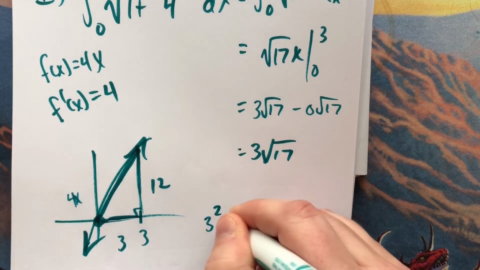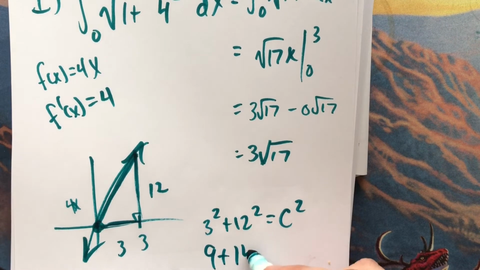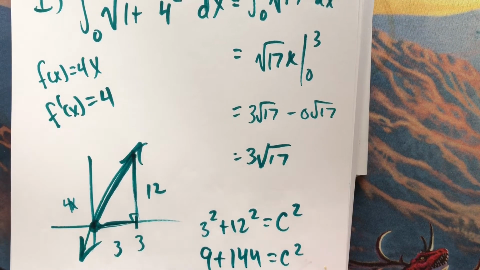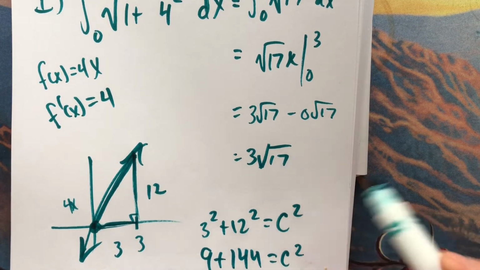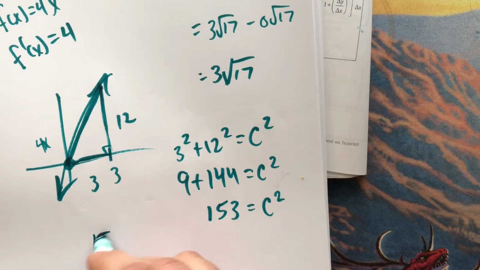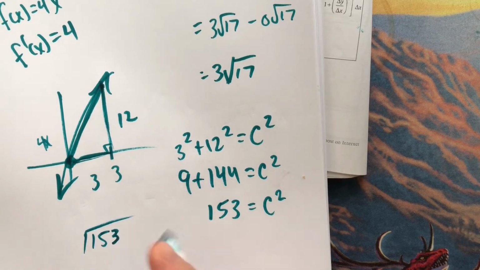So 3 squared plus 12 squared is equal to c squared, and so that's 9 plus 144 is equal to c squared. It's 153. I'm going to guess 153 is divisible by 17. I'm also going to guess that it's divisible by 9.